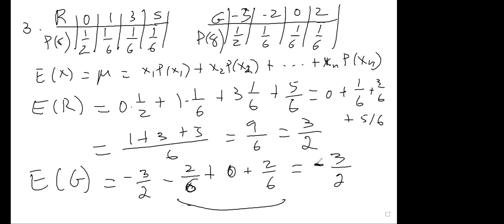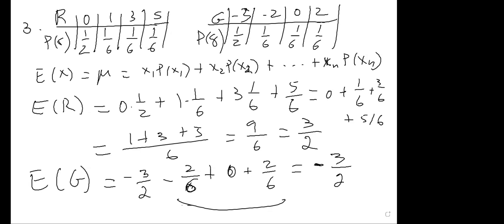Remember that profit equals revenue minus cost. So revenue is 3 over 2. Cost is $3. 3 over 2 minus 3 will give us minus 3 over 2.